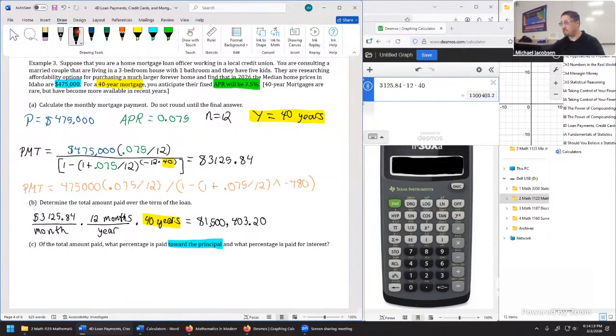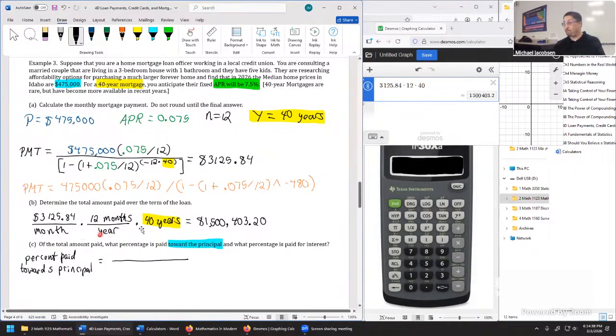Okay, so now let's look into, of the total amount paid, what percent is paid towards principal. So I'll just say briefly, percent paid towards principal is going to be, when it says of the total amount paid, that takes this value right here, throws it into the denominator.